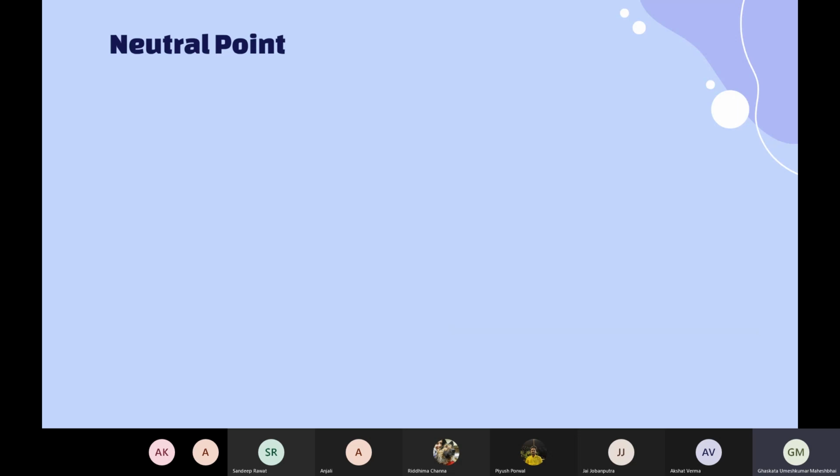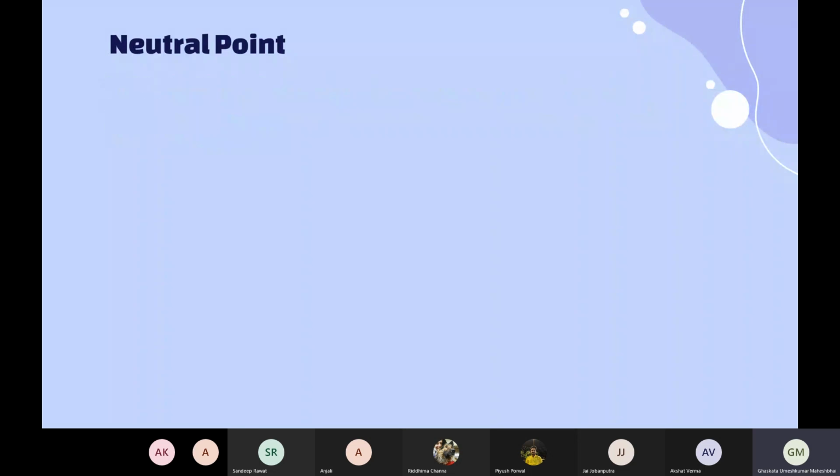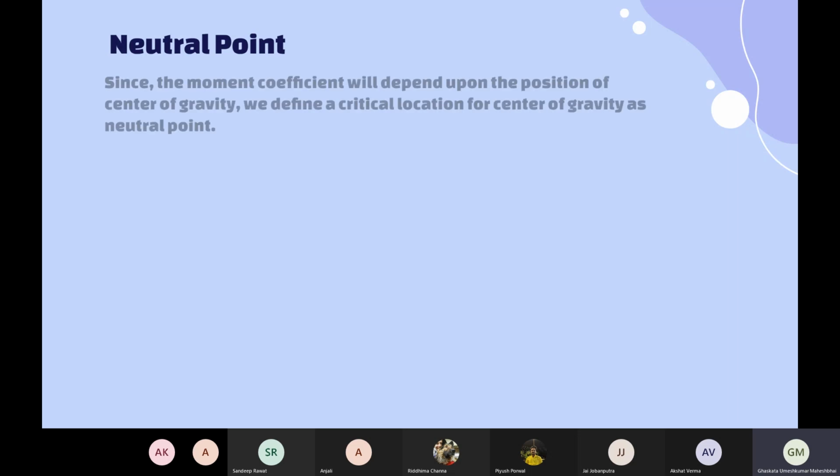The next topic is the neutral point. It is just a critical location of the center of gravity. The center of gravity depends on the weight distribution of an aircraft, and that is in our hands, which means we can change the position of the center of gravity where we want.